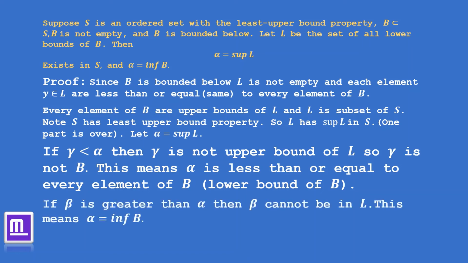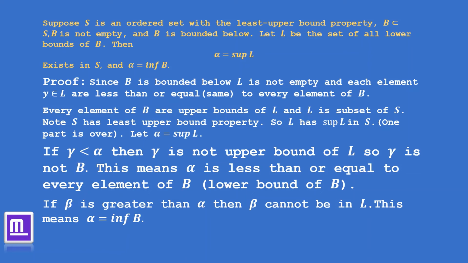If beta is greater than alpha, then beta cannot be in L. I repeat, if beta is greater than alpha, then beta cannot be in L. This means that alpha, which is the supremum of L, is the infimum of B. Why?